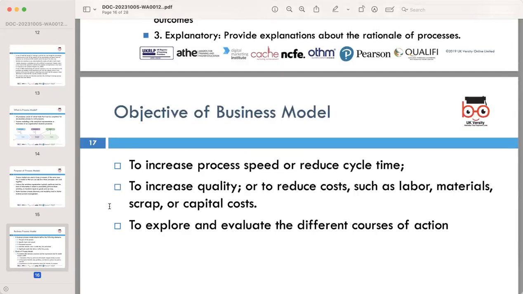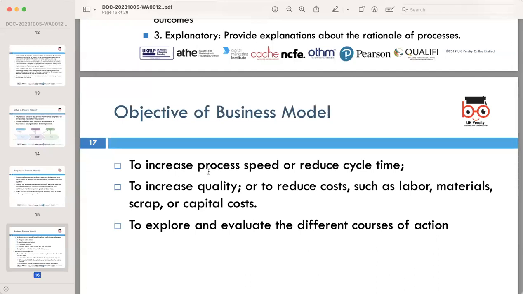Objectives of business process models: to increase process speed or reduce cycle times, to increase quality, or to reduce costs such as labor, materials, scrap, or capital costs, and to explore and evaluate different courses of action.